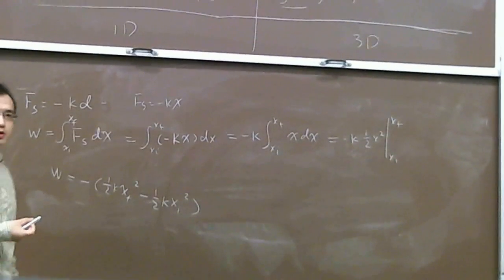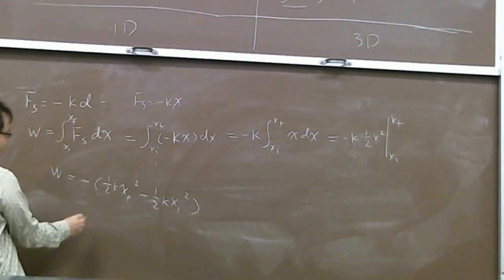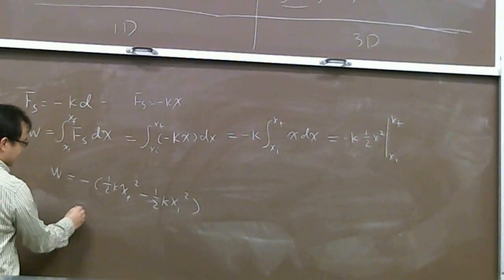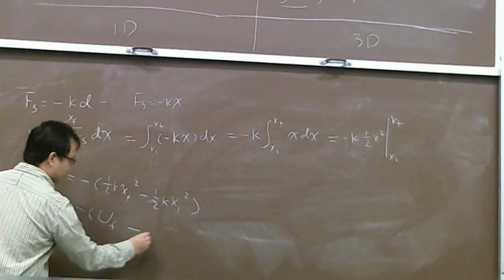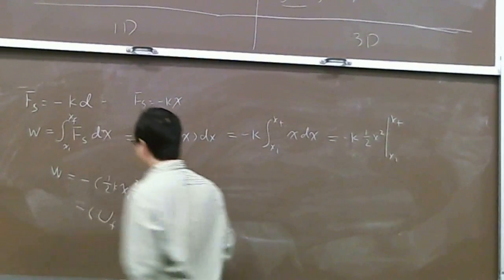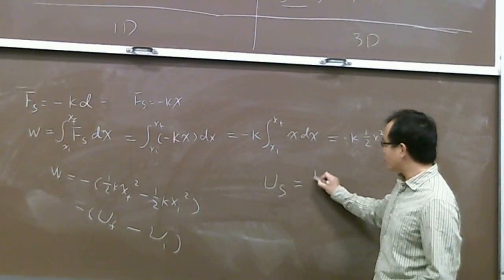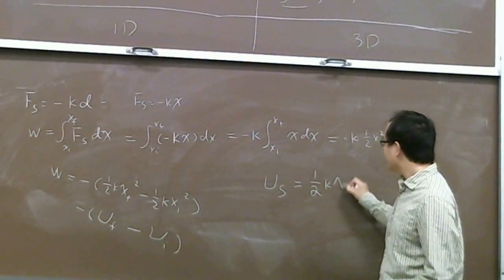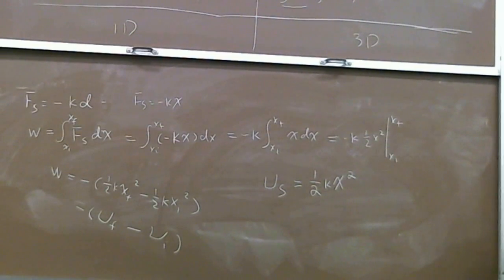So it's just a constant for a spring, so you can factor it out. Of course, then this one, we know this has to be written as negative U final minus U initial. So we can identify that the spring potential energy can be written as 1/2 k x squared. This is the spring potential energy.